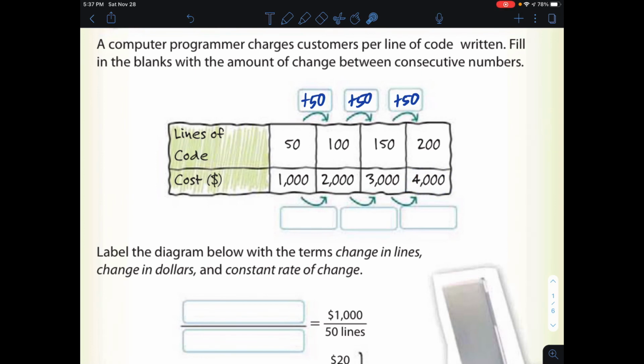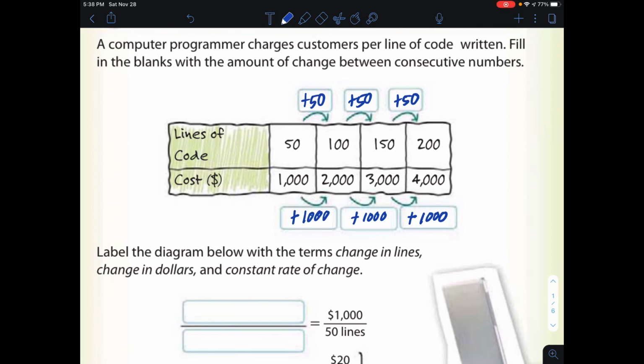Now we already looked at the change for the lines of code. It's plus 50 every single time. Let's take a look at the cost this time. From 1,000 to 2,000, you have a change of $1,000. From 2,000 to 3,000, change of $1,000, and from 3,000 to 4,000, the same change, which is $1,000.